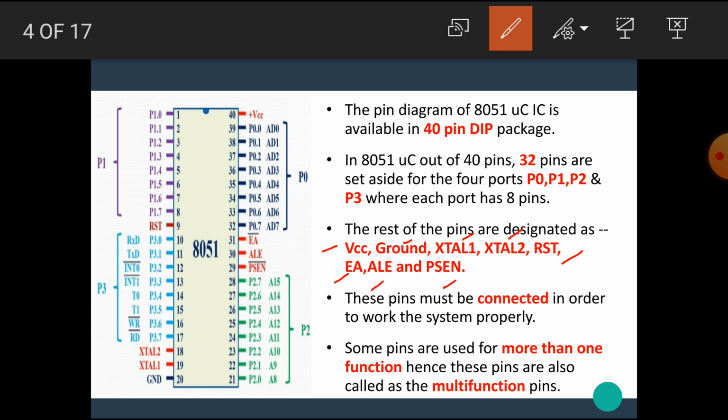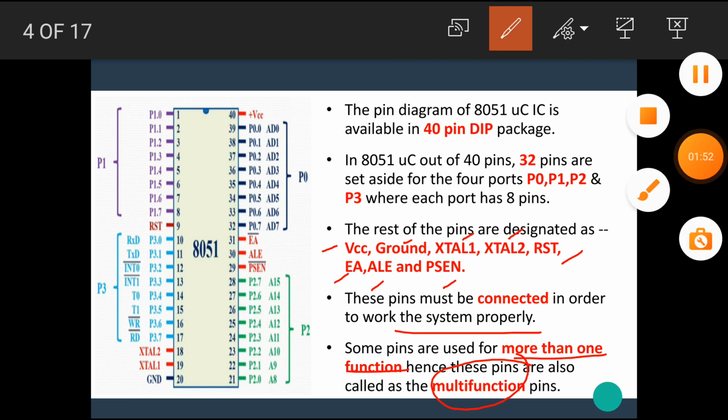These pins must be connected in order for the system to work properly. Some pins are used for more than one function, hence these pins are also called multifunctional pins. In the 8051 microcontroller, there are many multifunctional pins.